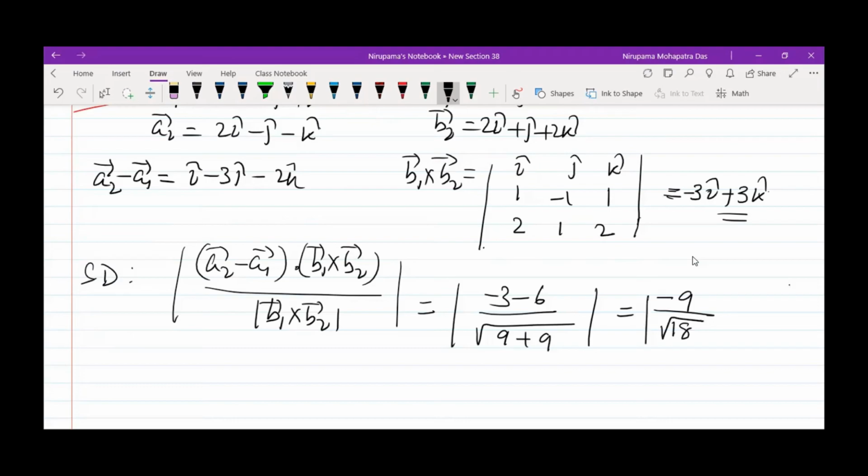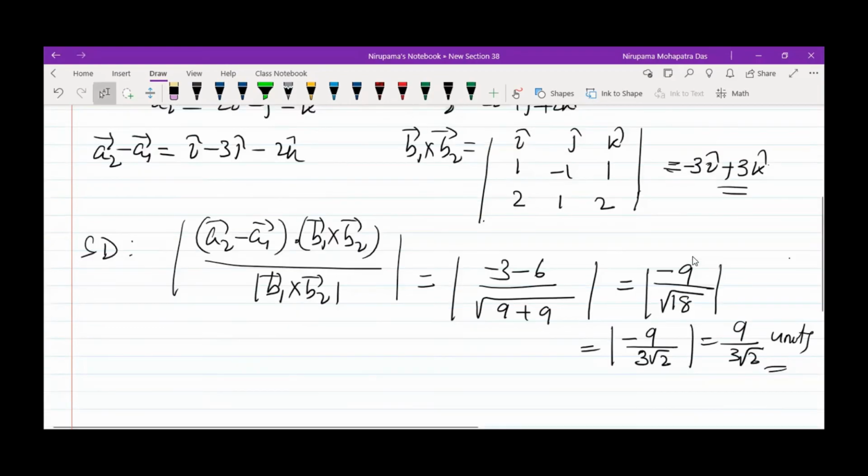So you are getting 3 root 2. It means 9 by 3 root 2 units. Okay, so this is the way you can find the shortest distance between two skew lines.